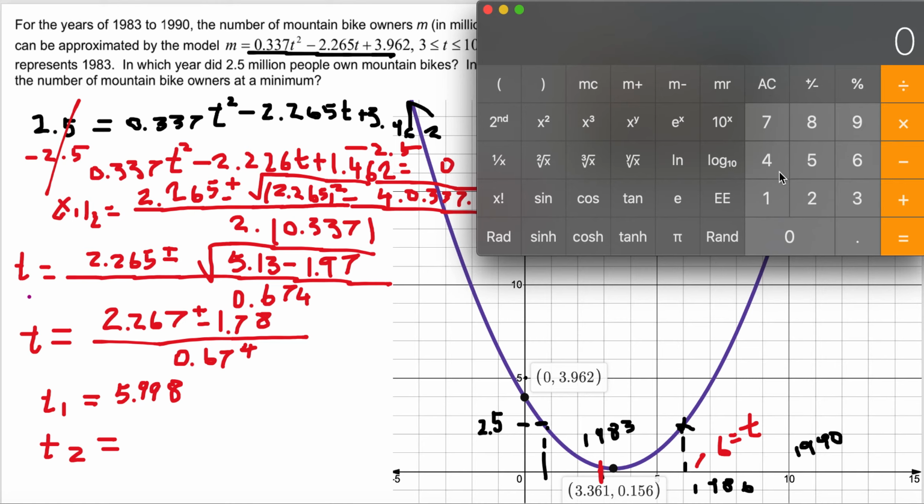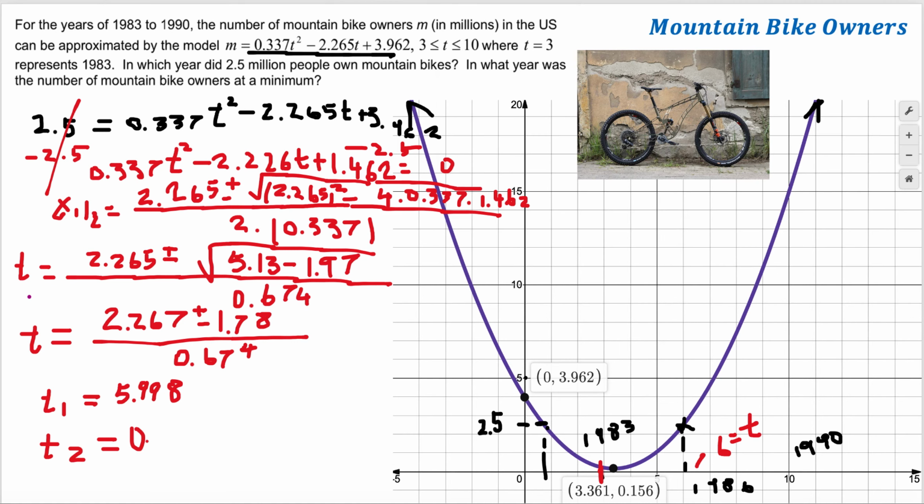Since I am here, I'm going to find the other value: 2.265 minus 1.78, divided by 0.674, is equal to approximately 0.8.